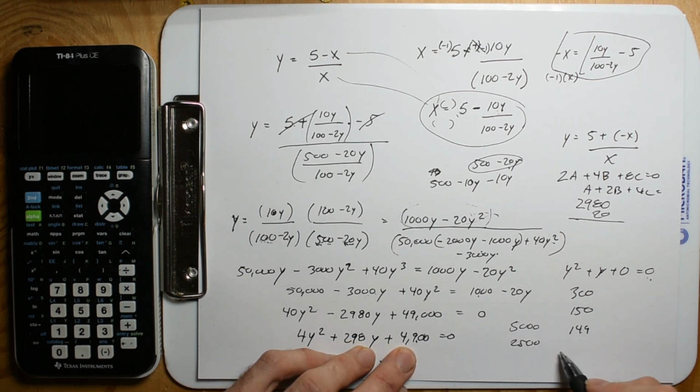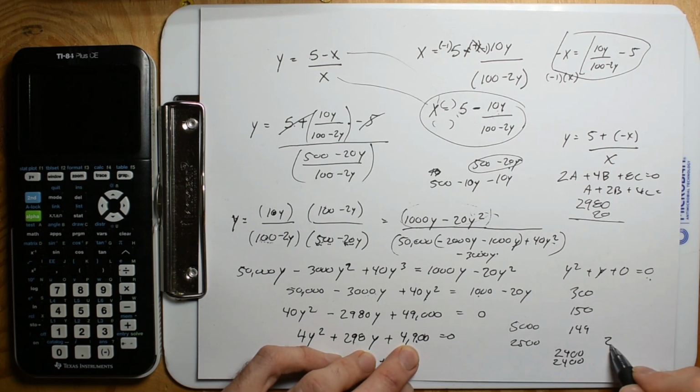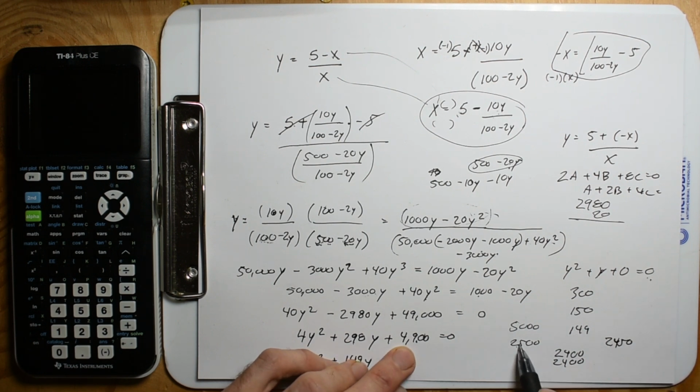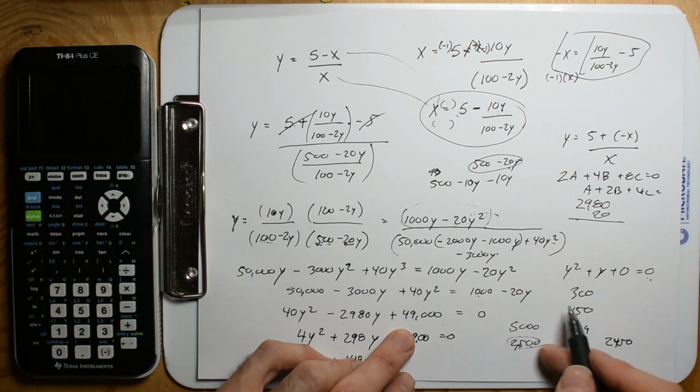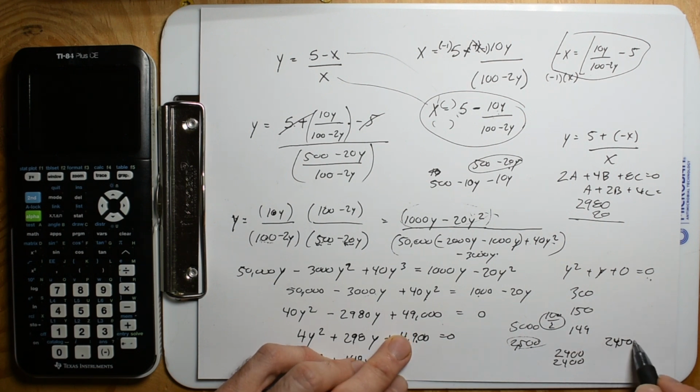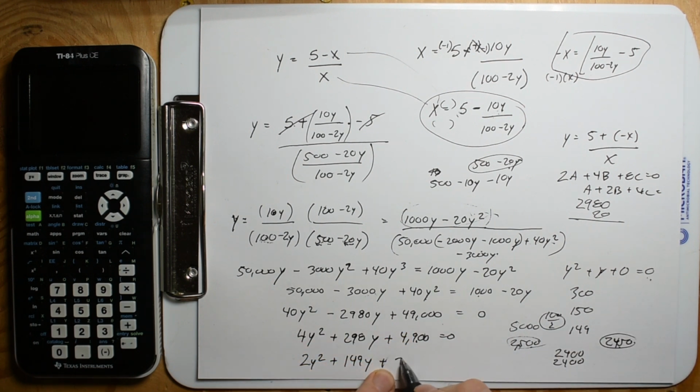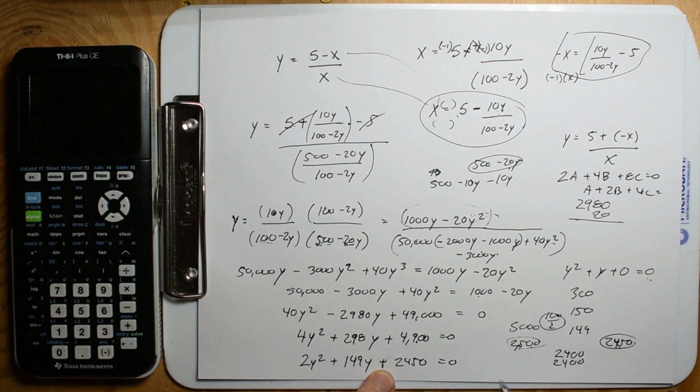But it was going to be 100 less, so this is 2,400. And is that right? No, hell no. It's 2,450. Oh, yeah. So it was 2,500 but we were off by 100, and we divided that 100 by 2, so we get 50. So it's 2,450. So we got 2,450 is equal to 0.